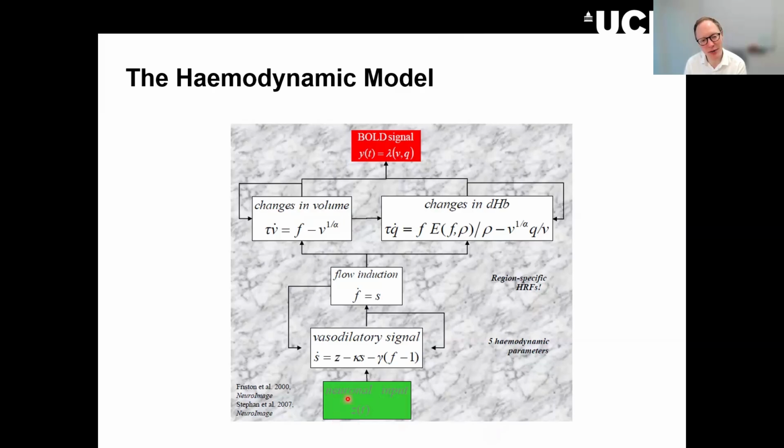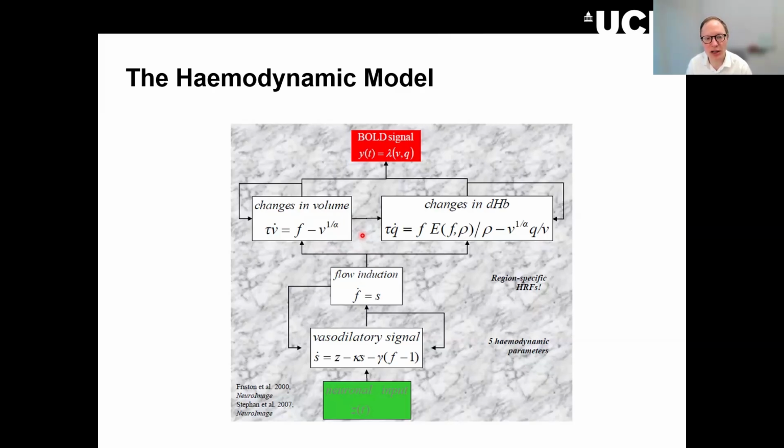So how it works is that you have your neuronal input that causes a change in vasodilation. It dilates the blood vessels, which induces a blood flow. And that flow causes two things. It causes the volume to increase, so the actual amount of blood in the vessel increases.